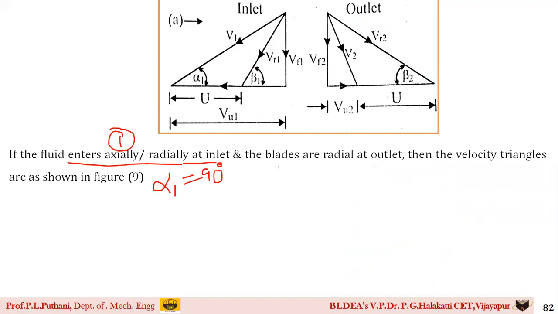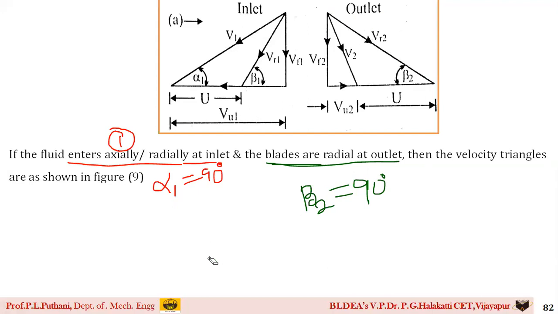Then he says the next case: the blades are radial at outlet. Blades at outlet means beta 2, and he said it is radial, which means beta 2 is equal to 90 degrees. Now, combining both cases, alpha 1 is equal to 90 degrees and beta 2 is equal to 90 degrees. How will the sketch look?